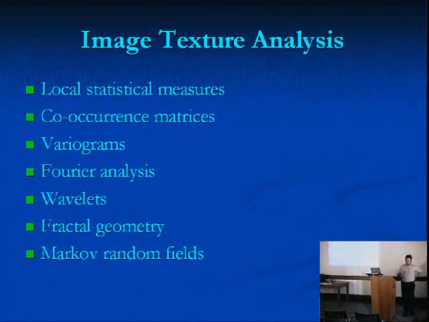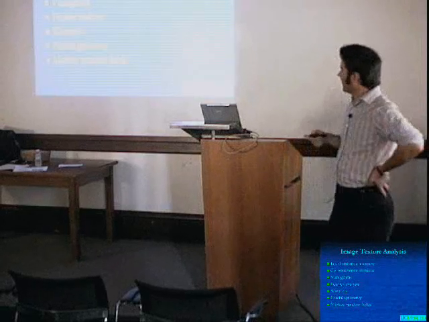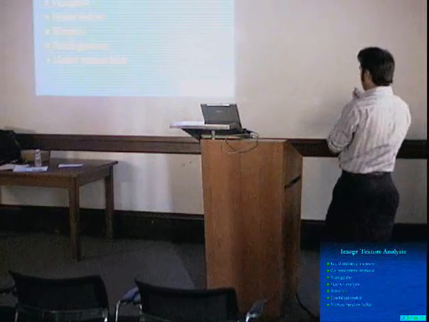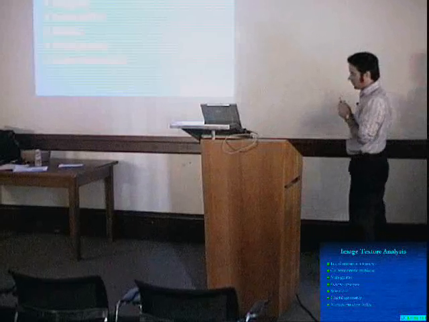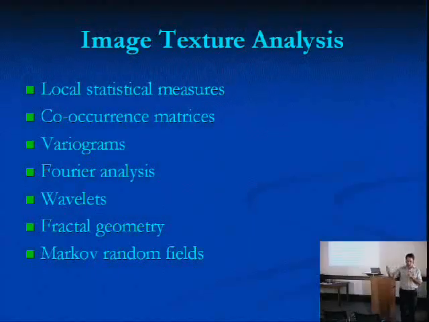And then with that 256 square matrix, you compute a couple of measurements or ways of characterizing what's in those counts, and reduce it down. I'm not going to go into the technical details, but essentially reduce this down to just a couple of values. Variograms come from geospatial analysis and measure how values in a geographic region vary with some geographic measurement.